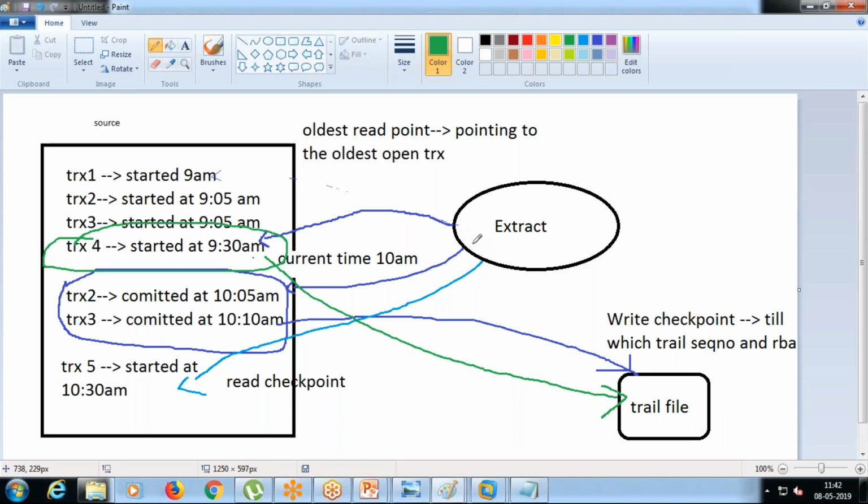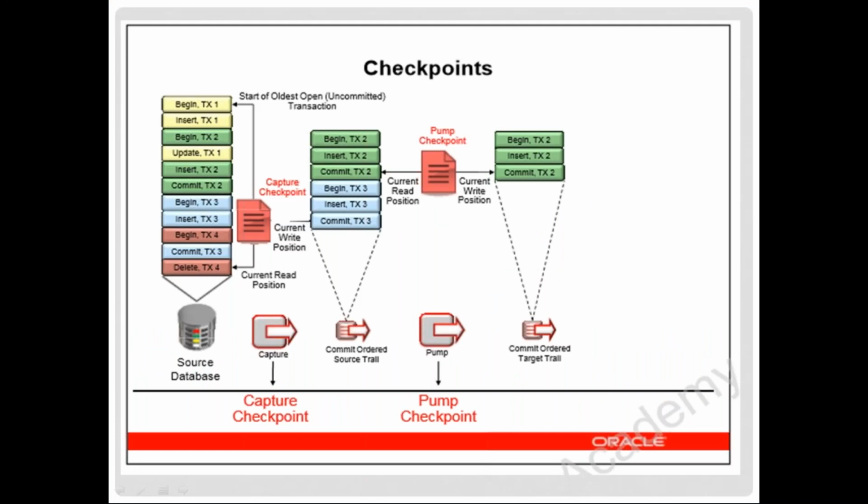So pump has to just blindly read the local trail and write to the RMT trail, because it knows that everything in the local trail is required to be transferred to the target.